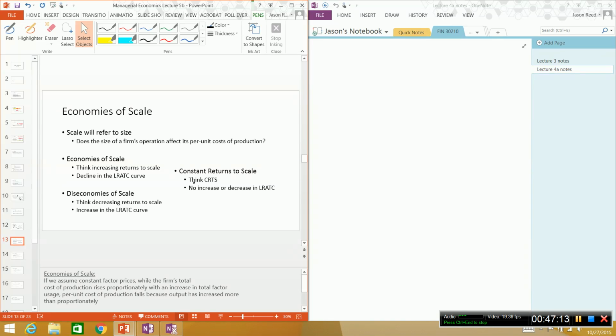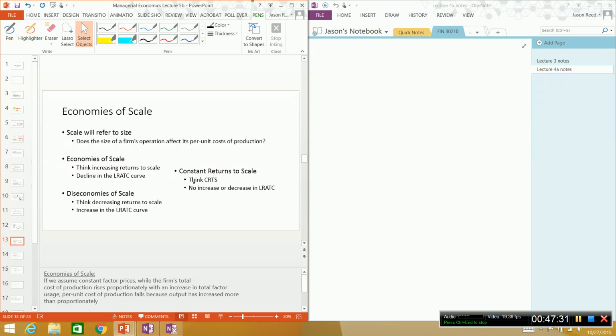So how do we relate these into terms for the average total cost function? So scale, we've discussed this. This refers to size. So does the size of a firm's operation affect its per unit cost of production? I would think, yeah, absolutely. We're going to see this occur.